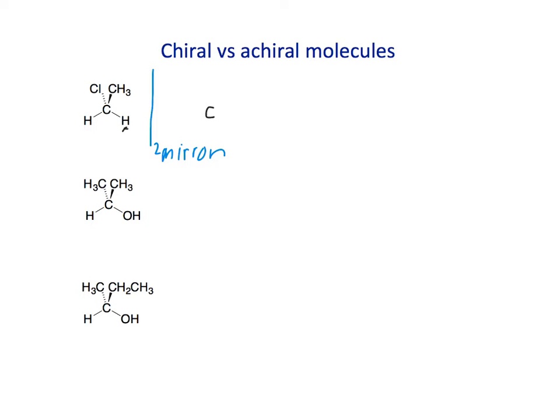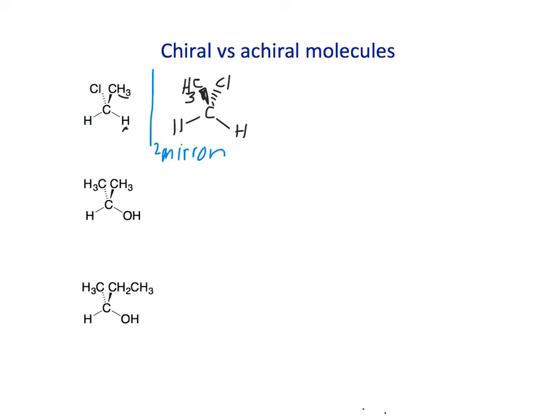The H that's pointing towards the mirror would be pointing toward the mirror over here. We have an H that's pointing away from the mirror. We have this methyl group that's pointing towards us, so it's going to be pointing towards us in the mirror image as well. Right? And the chlorine is pointing back.